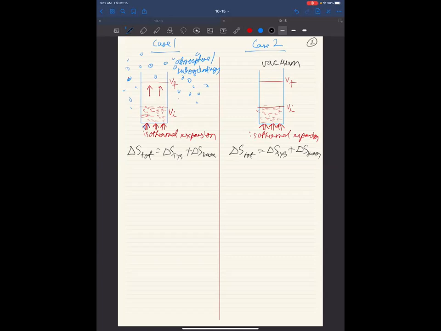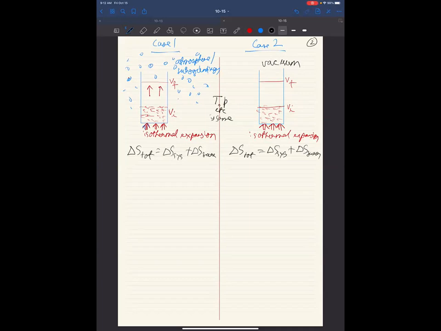Delta S system, will it be same or different for both cases? Given that the temperature and pressure... I'm doing it in that upper atmosphere, so you'll be like, oh, temperature and pressure is different, right? But let's assume that temperature, pressure, etc. is same. So I'm doing a bit of jugglery here.